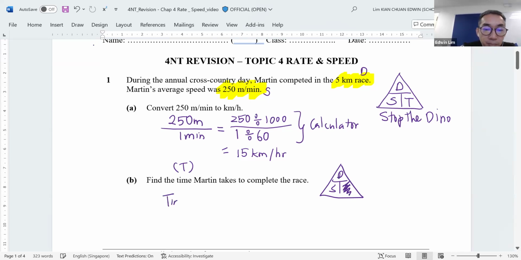So time is D over S. The distance is 5 kilometers. I will need to divide by 15 kilometers per hour. So 5 divided by 15, I have 1/3 hour.